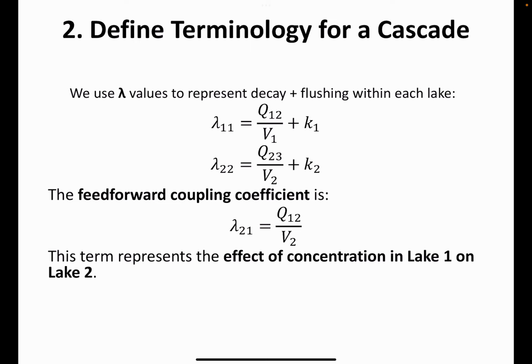Lambda 1,1 represents decay and flushing within each lake. Lambda 1,1 is equal to Q12 over V1 plus K1, and lambda 2,2 is equal to Q23 over V2 plus K2. And the feed-forward coupling coefficient between lake 1 and lake 2, lambda 2,1, can be approximated by Q12 over volume 2. This term represents the effect of concentration in lake number 1 on lake number 2.